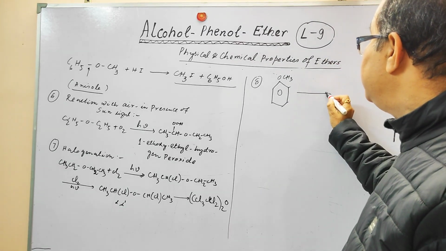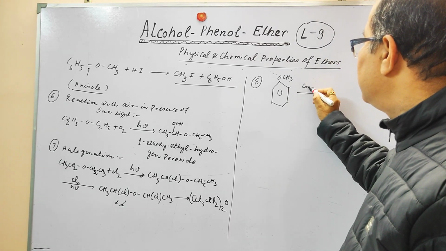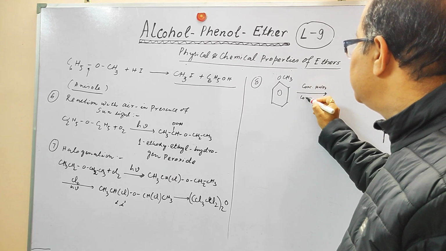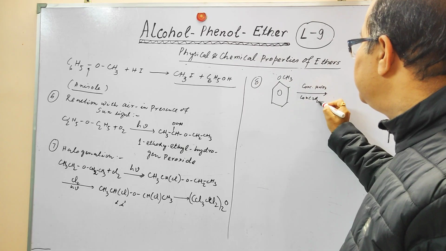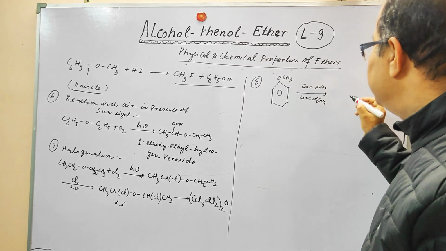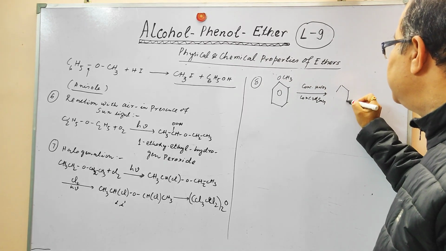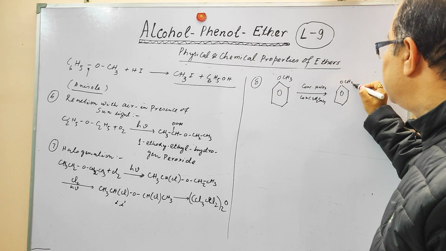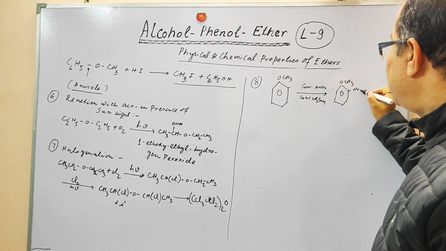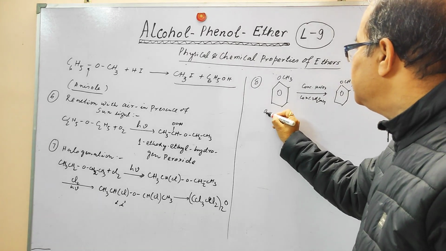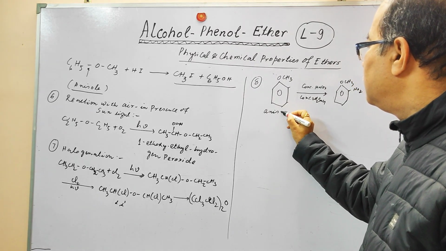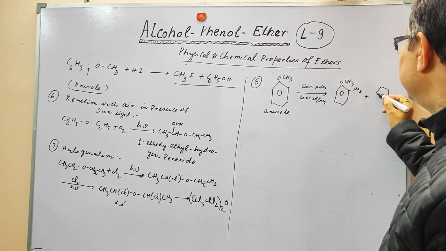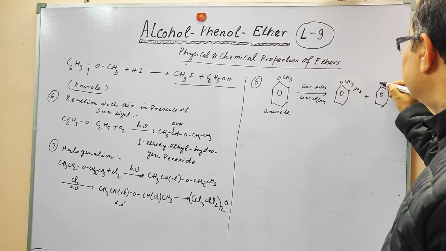So when there is nitration, with concentrated HNO3 plus concentrated H2SO4, it is going to produce a mixture of ortho-nitroanisole and para-nitroanisole.